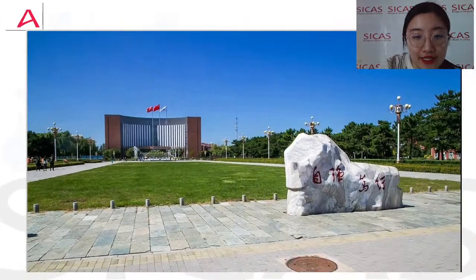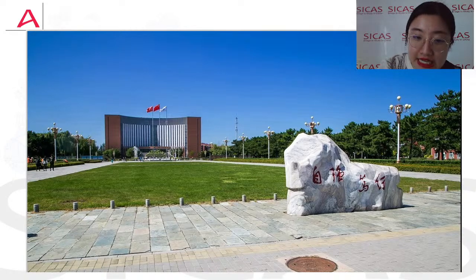And here is another picture of the university, and you can see on the stone there are some Chinese words. The first one is 自强, and that means be self... 自 means yourself, and 强 means strong.